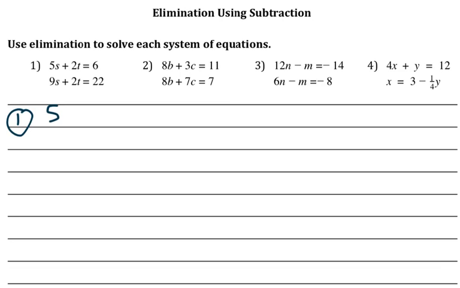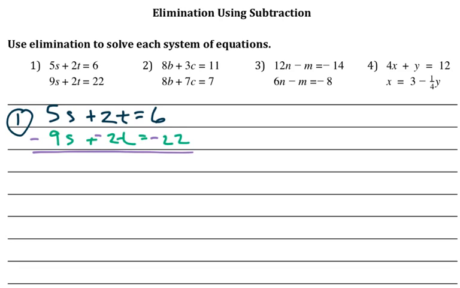So here's 5s plus 2t equals 6. And I'm going to write 9s plus 2t equals 22. But because this won't work, I'm going to go ahead and change the signs on everything. So I'm just sneaking in a negative.